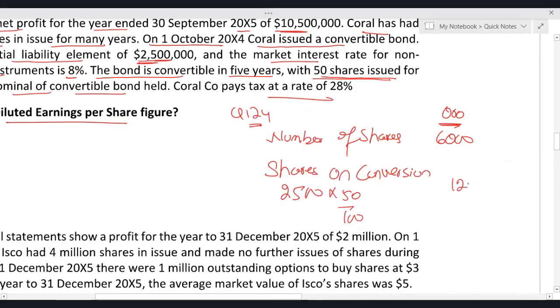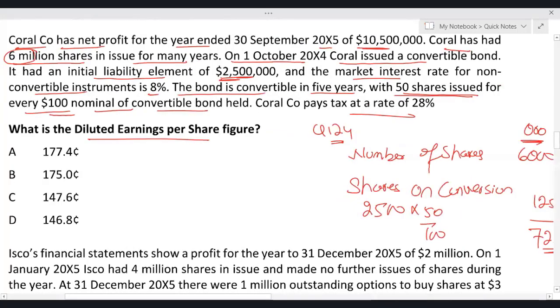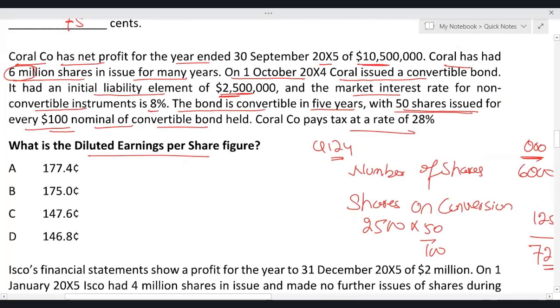You will get 1,250. It means your weighted average number of ordinary shares for diluted EPS will be 7,250. Now let's take earnings. They have given us the profit, which is 10.5 million, or you can say 10,500.